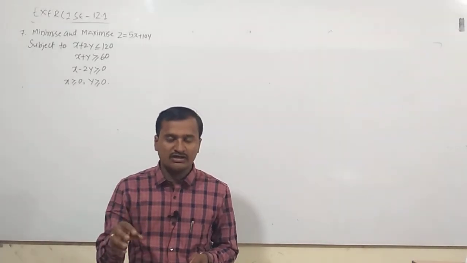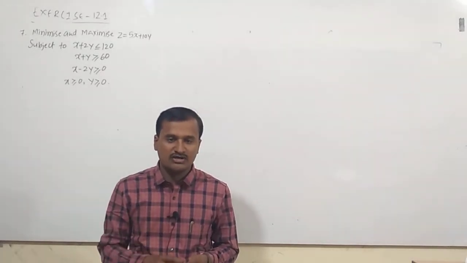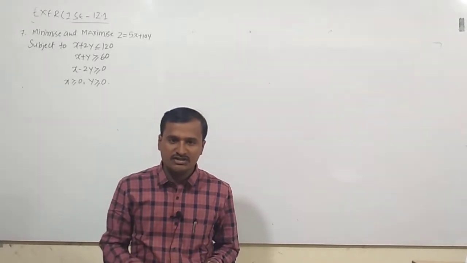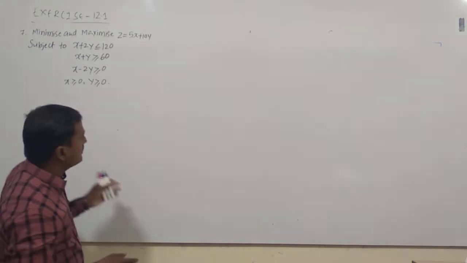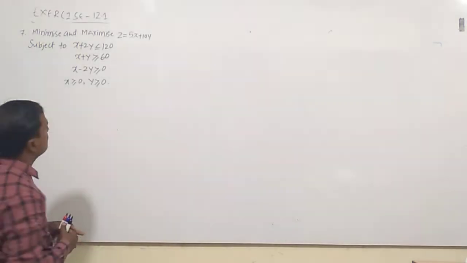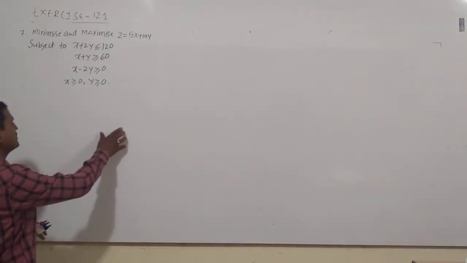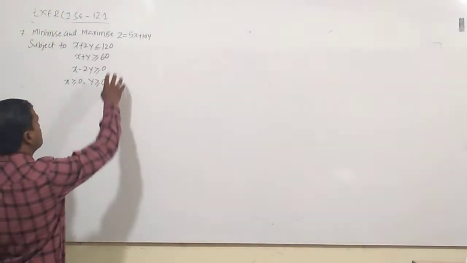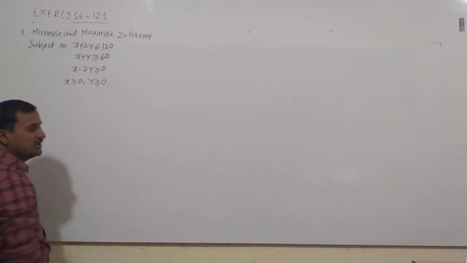After that we have to take the list of all those values, the lowest gives the minimum, and the highest of all those gives the maximum. So here also we have to follow the same procedure, but here we are getting 3 lines because we have 3 inequalities.